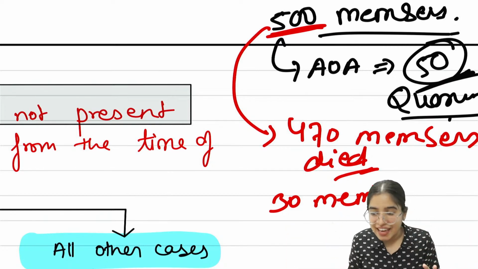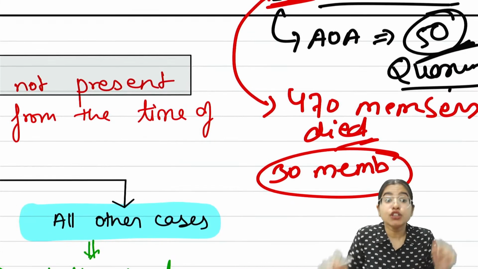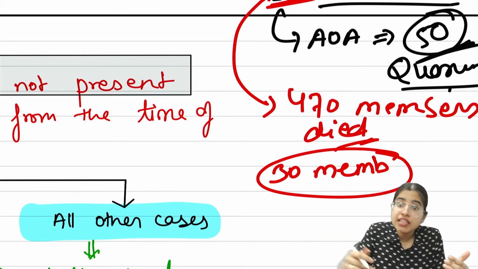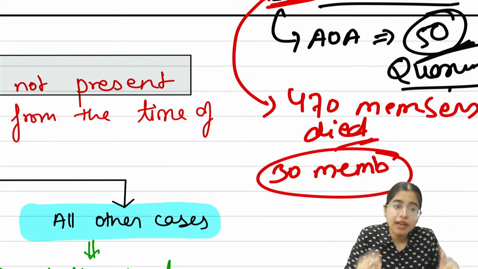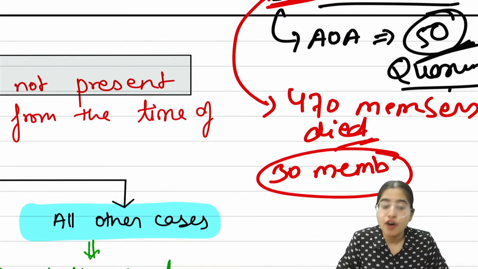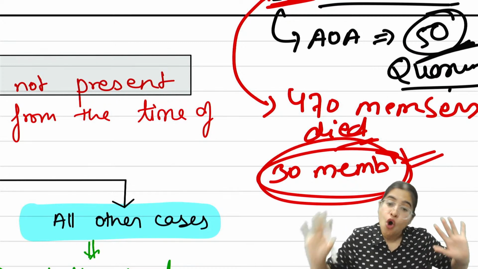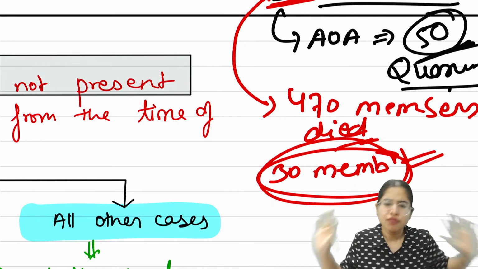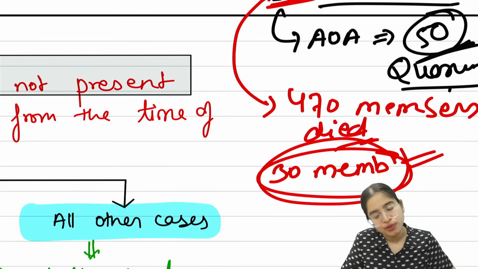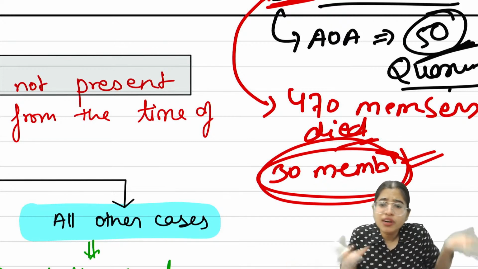So in this case, if the total number of members is less than the quorum prescribed, and all 30 members are present, will we say that quorum is not present? No. In this case, it will be deemed that quorum is present, because there are only 30 members now.